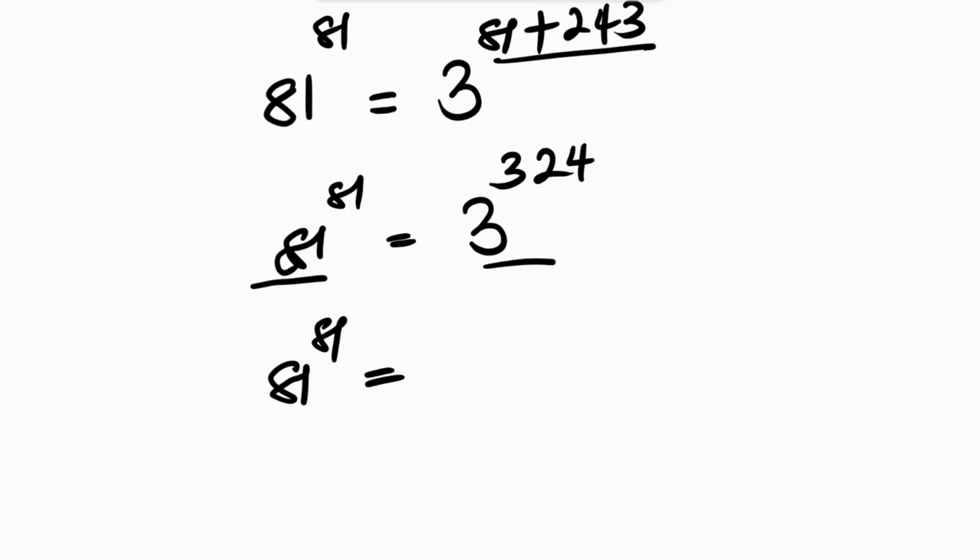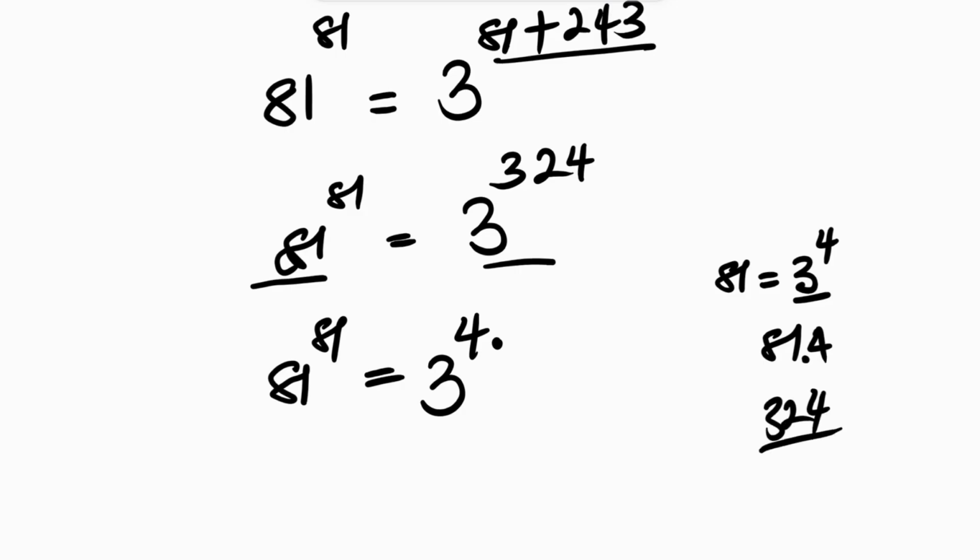We know that 81 is the same thing as 3 raised to the power 4. So if we write that, 3 raised to the power 4 times what do we have left? 81 times 4 will give us 324. So this is 4 times 81.